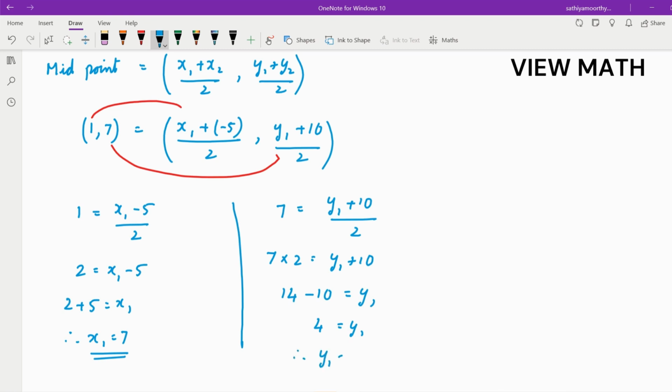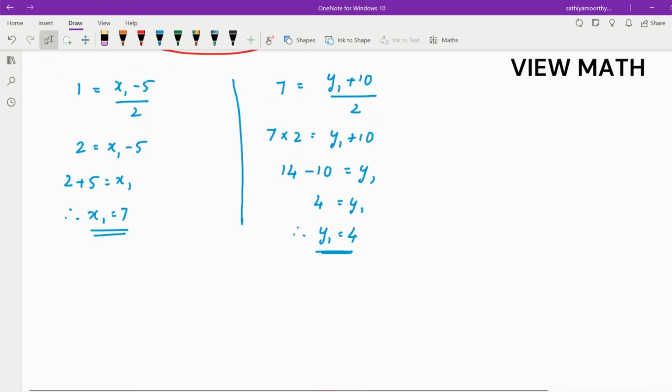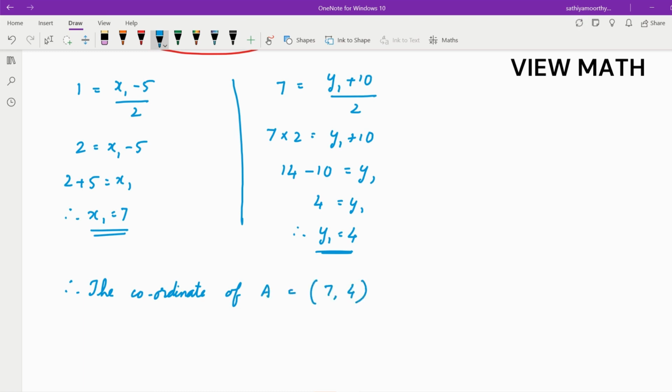Therefore y1 is equal to 4. So we have found the A coordinate. Therefore, the coordinate of A is equal to (7, 4).